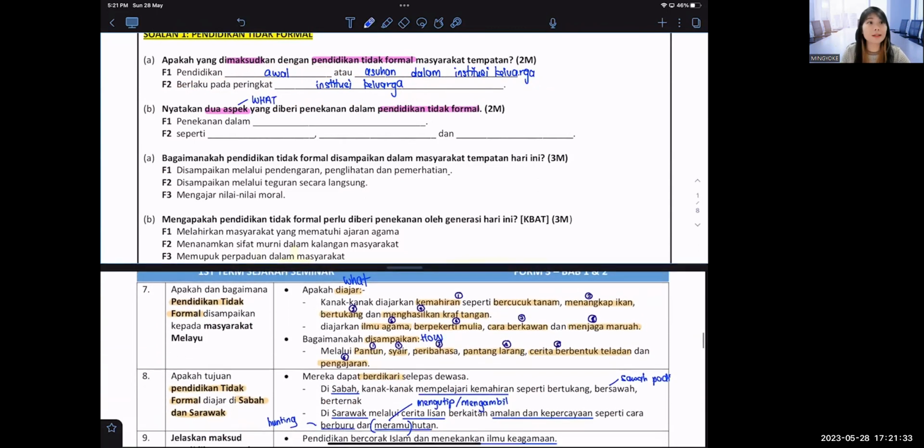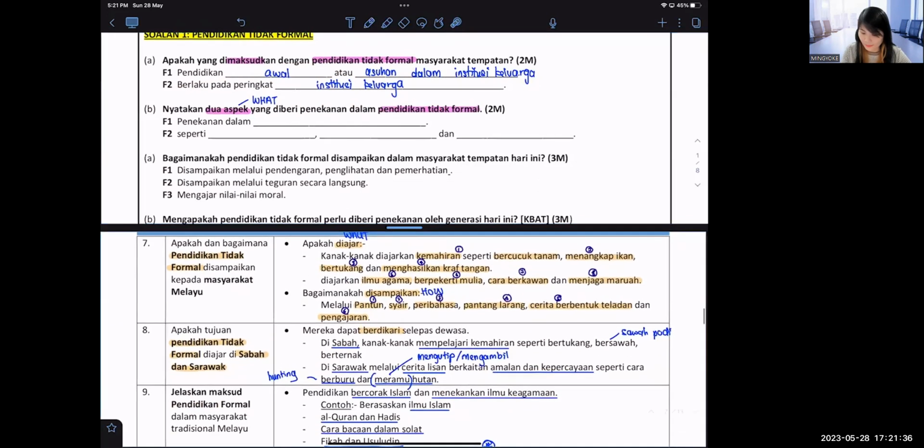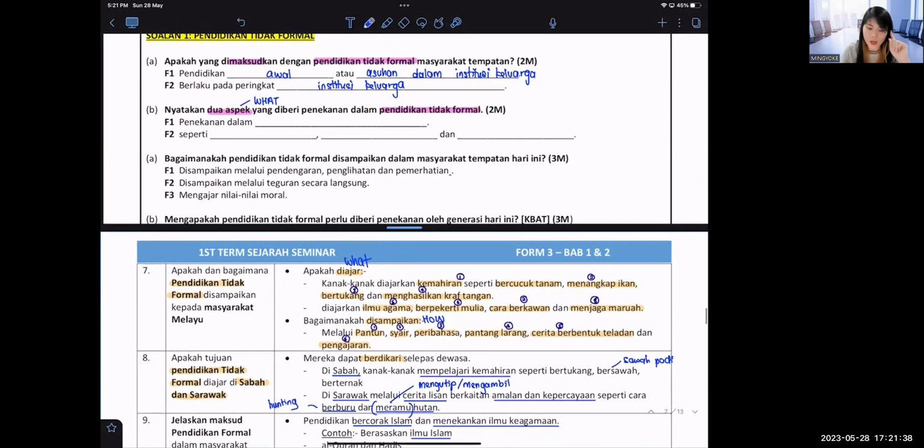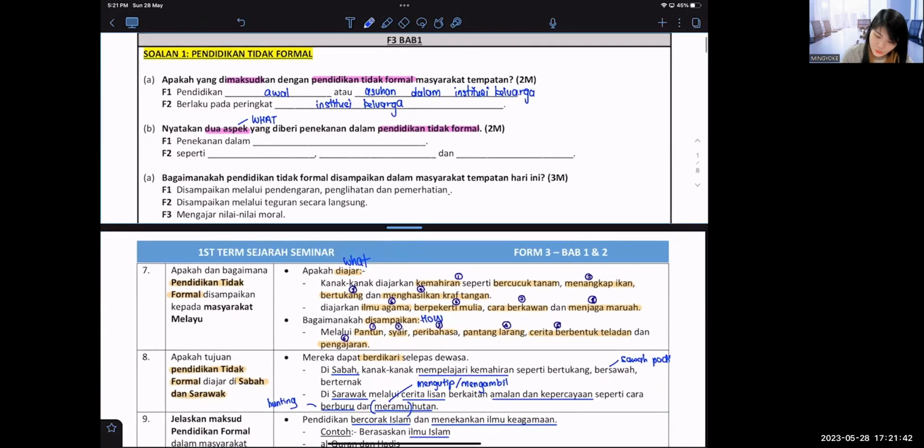So you go to here, you look here, what they learn. Then you say, okay, so penekanan kemahiran. So you write down, kemahiran. What kemahiran? Kemahiran, you can say pekerjaan lah. Or kemahiran bekerja. Or kemahiran kerja.